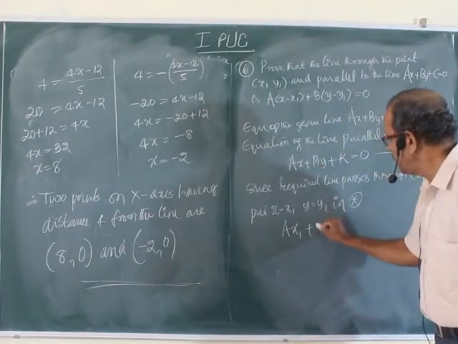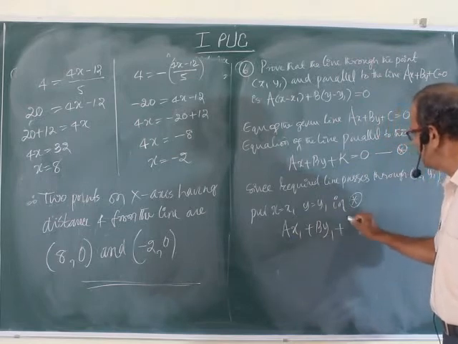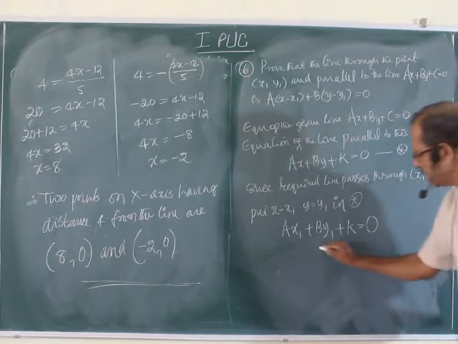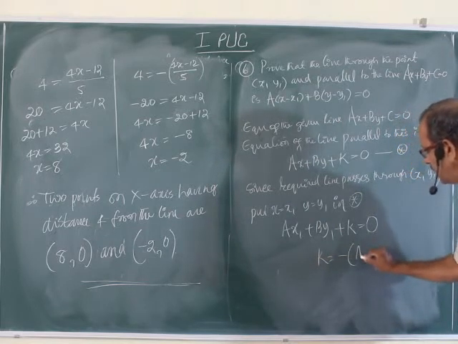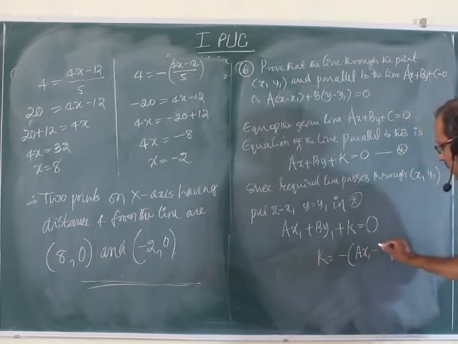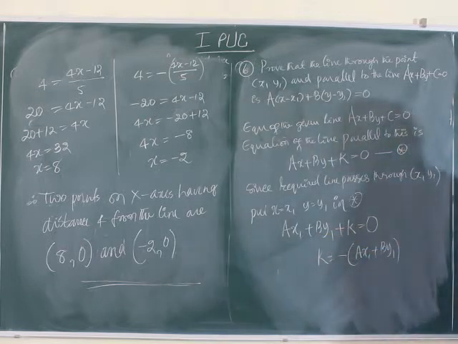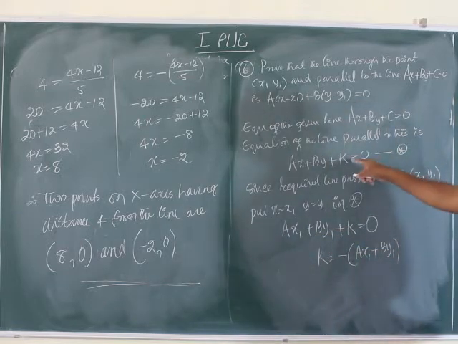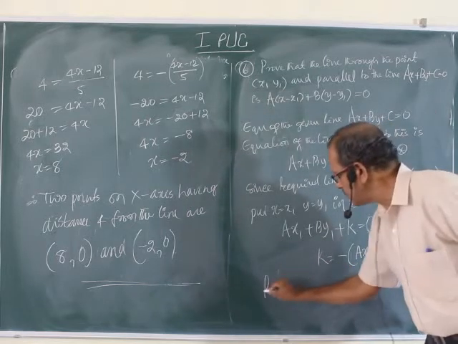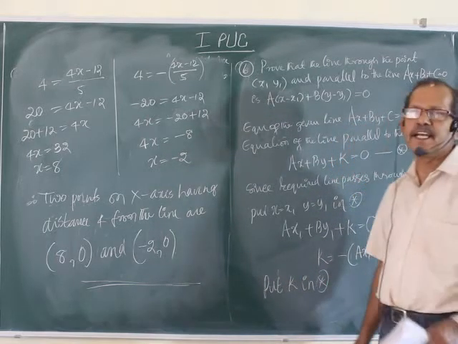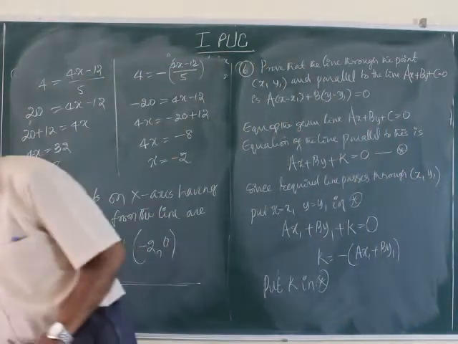Ax1 plus by1 plus k equal to 0, or k equal to minus of (ax1 plus by1). Bring this term to the other side. Put k in equation star once again. Now we get the equation of the parallel line.